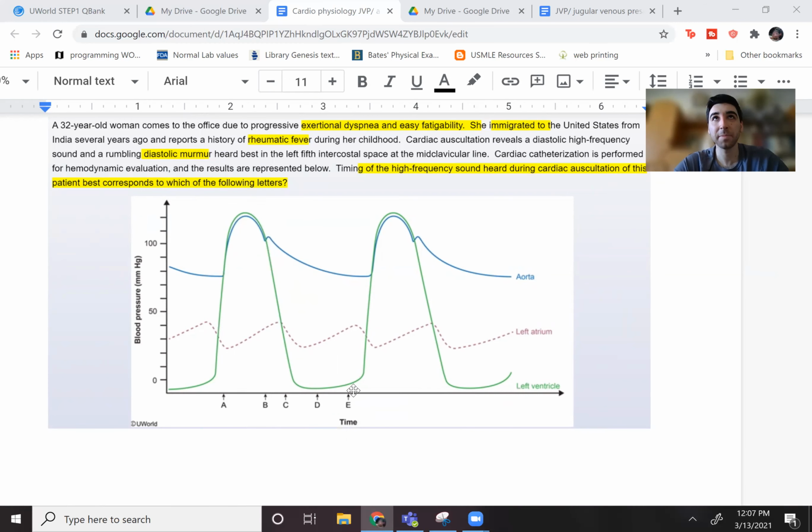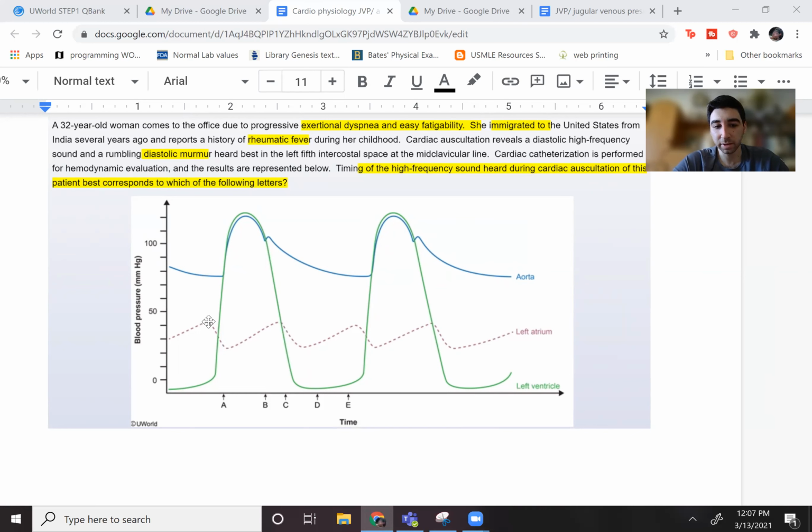The graphical representation of this happening is when the pressure in the left ventricle will drop below the pressure in the left atrium, because now that the left atrial pressure is higher, blood will be able to leak into the left ventricle. And so this will happen right here. And this is point C. Another way to think about this is that the mitral valve opens when the pressure in the left atrium will be the highest.